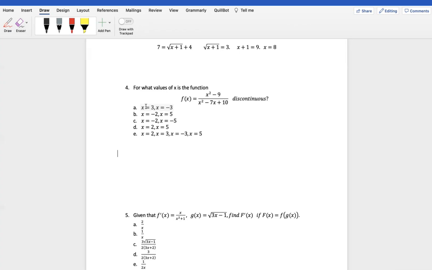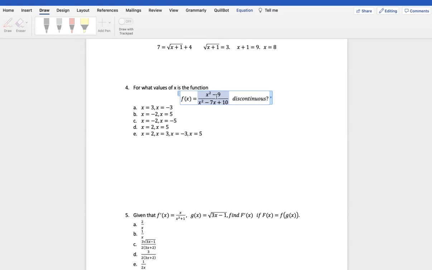Okay. Anyways, so we are asked to find the values of x for which the function f of x is equal to x squared minus 9 divided by x squared minus 7x plus 10 is discontinuous, right? So now, remember what discontinuous means. It means that you need to find all the values of x for which f of x is undefined, right?